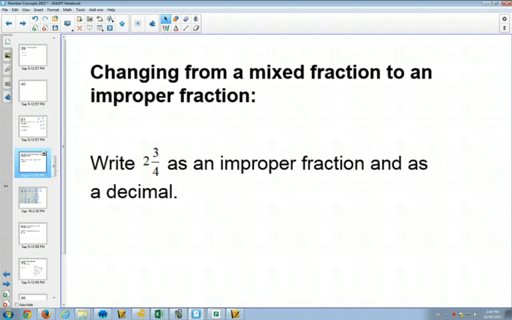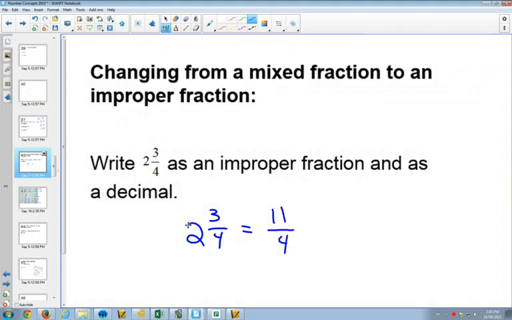So 2 3/4, writing that as an improper fraction, we have 2 wholes and 3/4. One of the things you might have seen before is your teacher might have said in the past, you're going to take the 2 wholes and multiply it by 4. 2 times 4 is 8. Add it to the 3, and you get 11 over 4.